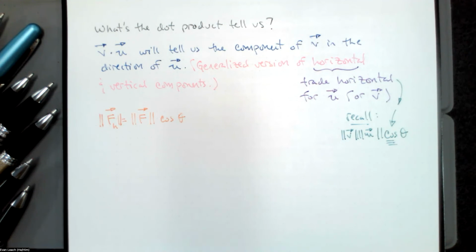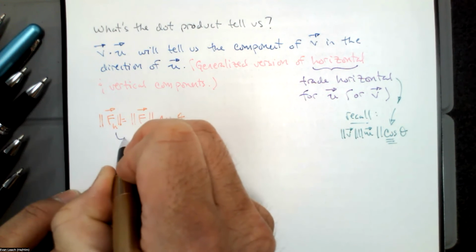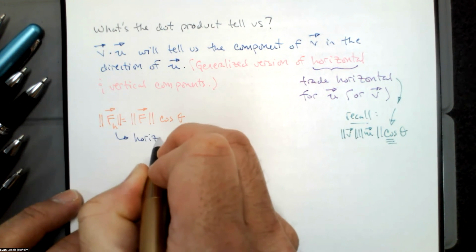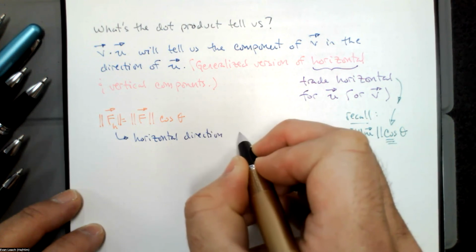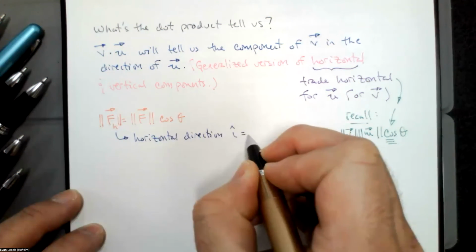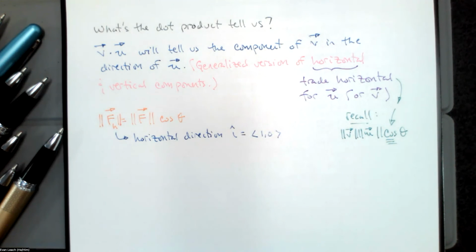And in this case, the direction was encased in that horizontal part, where the horizontal direction is going to be described by a unit vector. So here, the direction is a unit vector that's horizontal.